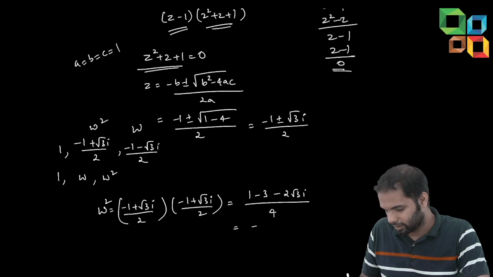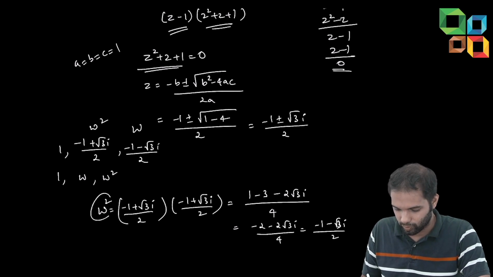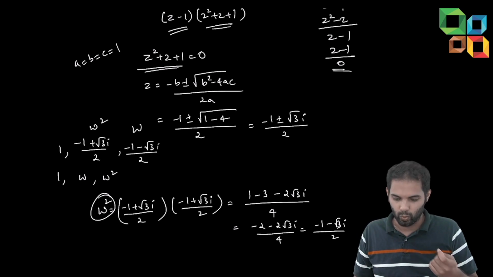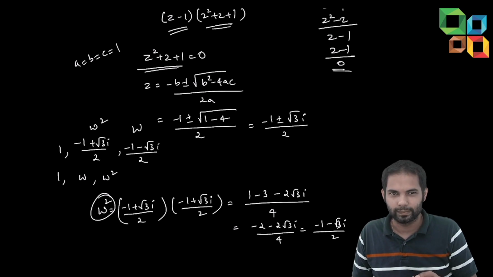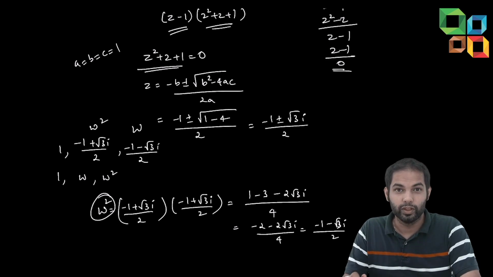What do you get? Minus 2 root 3i by 4. 2 is common. So it's minus 1 minus root 3i by 2. Can you see it's equal to the other root? So omega square. If you want to take the other one as omega, you will get omega square as minus 1 plus root 3i by 2. Okay. So these are called cube roots of unity.